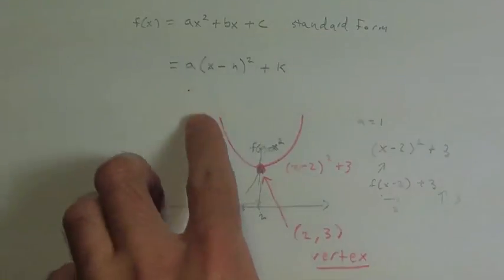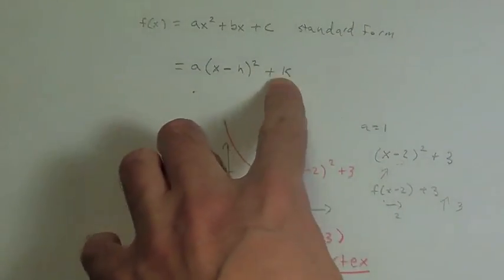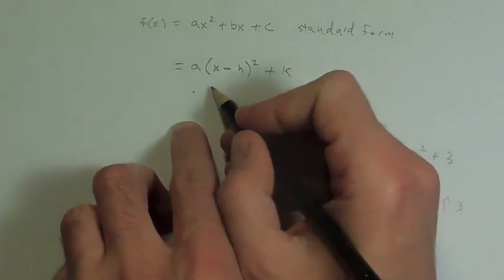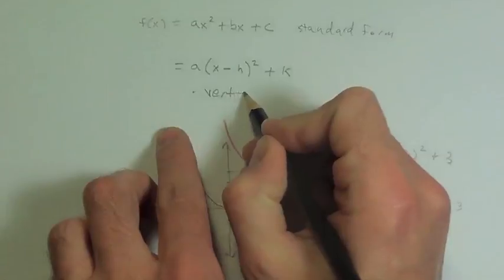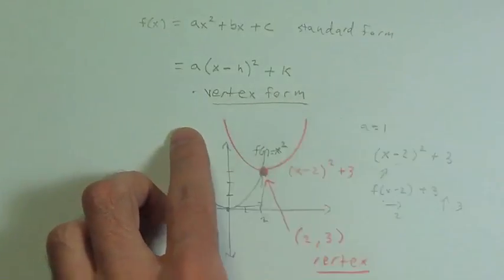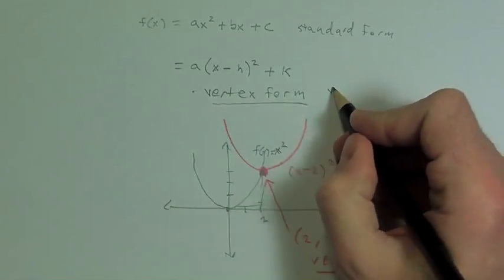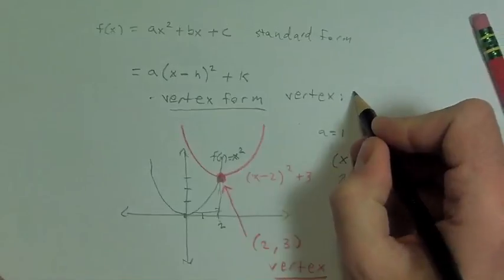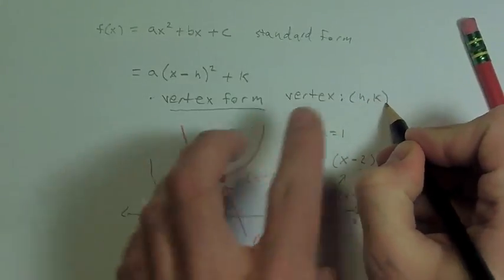Having quadratics in this form, a times x minus h squared plus k, is called vertex form. The vertex is going to be h comma k.